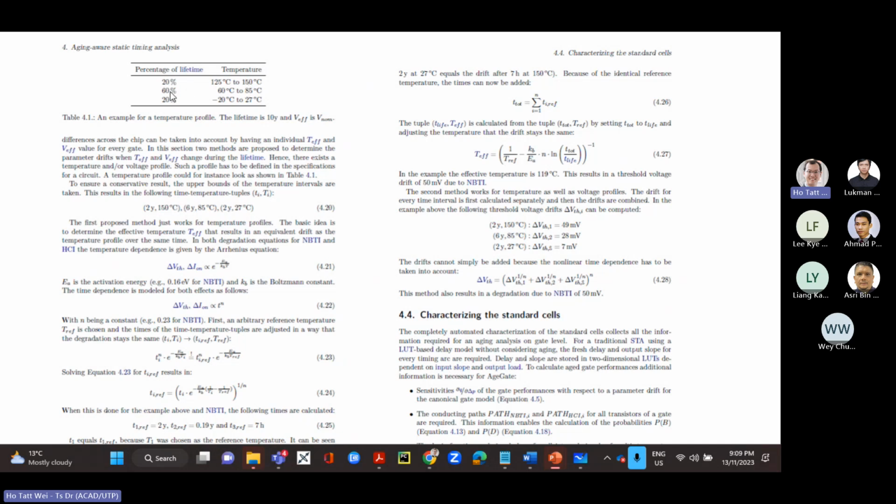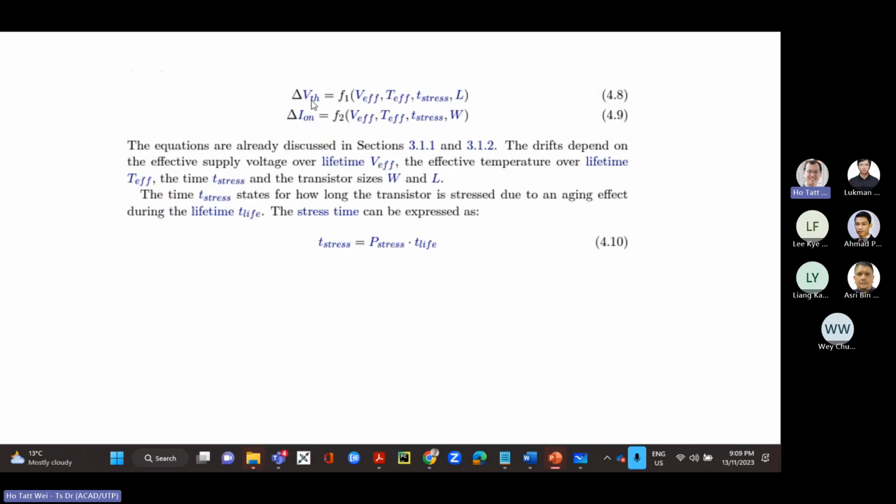So if you have the activity profile and you can match it to the temperature, you can get more precise estimates of the effect of aging by ratioing the duration in which it is at each temperature. Because again, remember the delta VTH, the drift in VTH, depends on the duration at which it's stressed as well as the temperature. So you can do a ratioing of maybe 20% of the stress time at a higher temperature, maybe 60% at a mid temperature, and the other 20% at a low temperature.